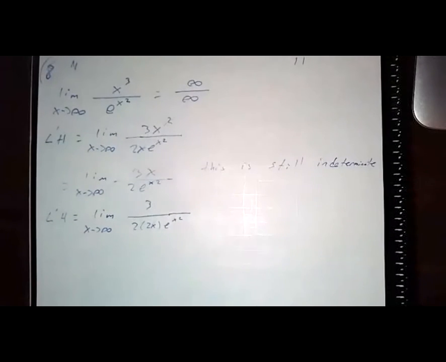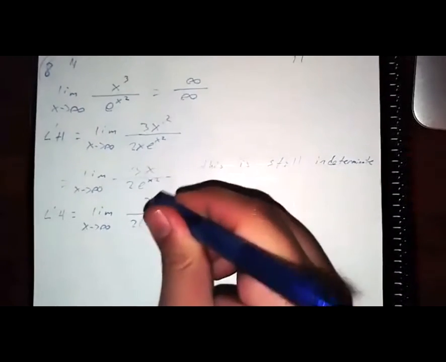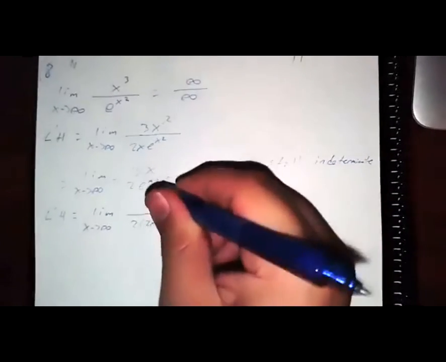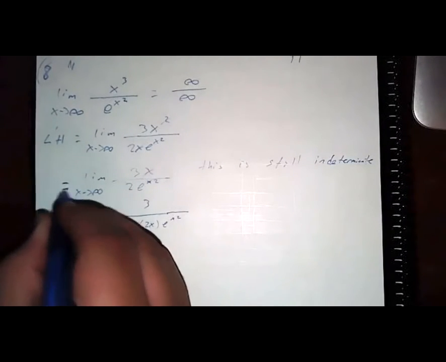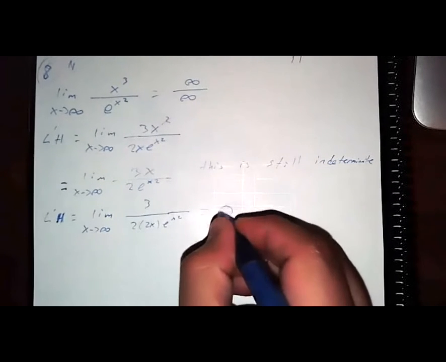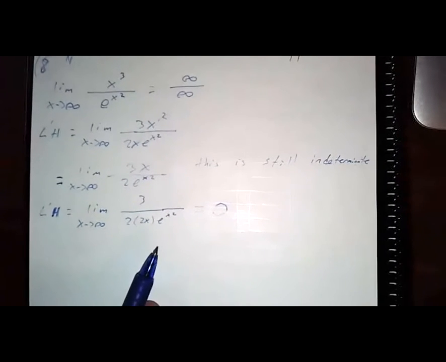Right? Yeah. So now what is this limit? Zero. Yeah, it has to be 0, right? There's nothing on the top. The bottom grows infinitely fast. The fraction goes to 0.